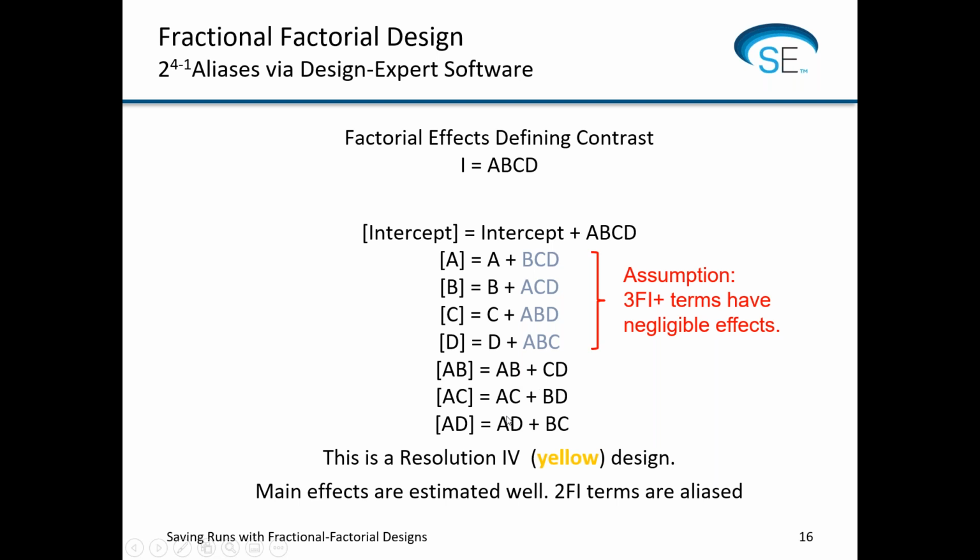Can't separate them. Okay, so these are the labels, AB, AC, AD, but under the covers are more interactions. So with a resolution 4 yellow design, we're going to estimate main effects well, but the two-factor interaction terms are aliased with each other.